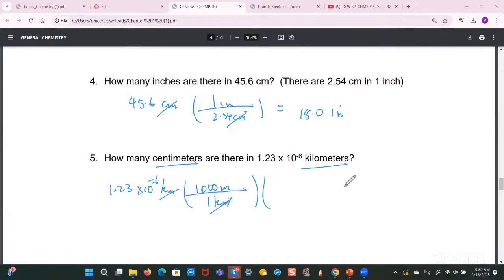Then what? We need another conversion factor because we need to go to centimeters. So what would go up top? What would go below here? 100 centimeters is equal to 1 meter. So 1 meter down here, 100 centimeters above. So this goes with that. And then we do our number crunching.